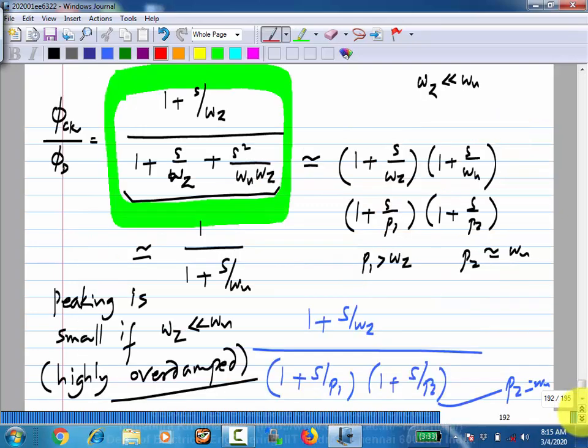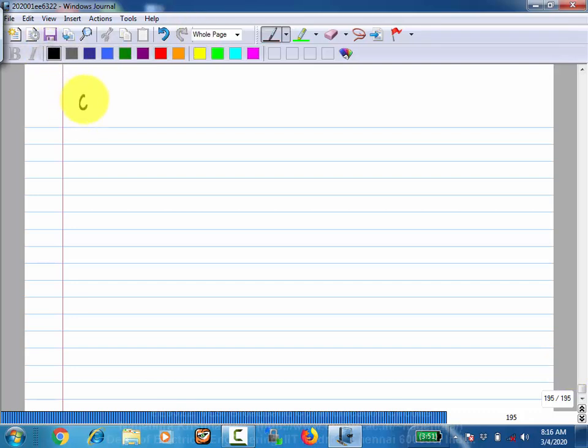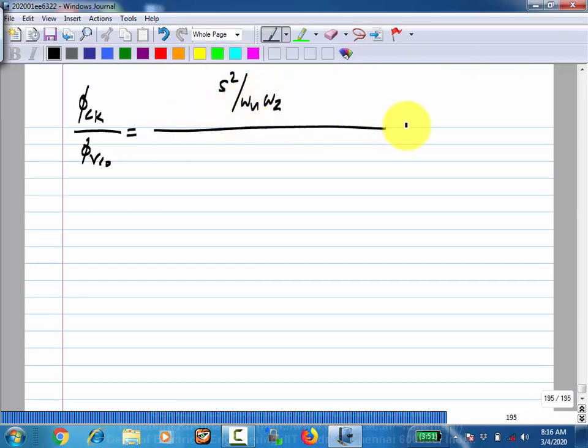Now what will this look like? The other transfer function, phi_ck by phi_vco. What was this? This was s squared by omega_u omega_z divided by 1 plus s by omega_z, s squared by omega_u omega_z.